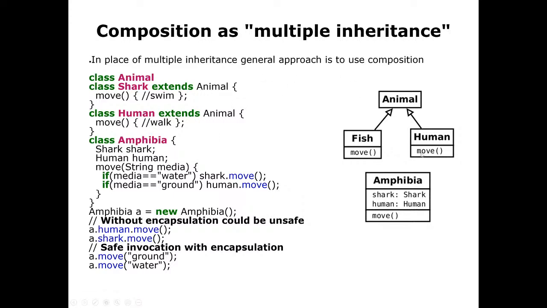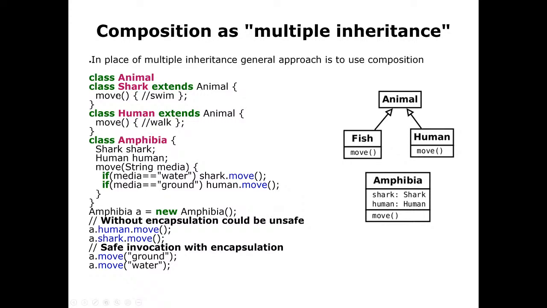If we have a method which we want to inherit from one class or from another class, with composition we need to do some more steps. Like in this case, we need to create a new method.